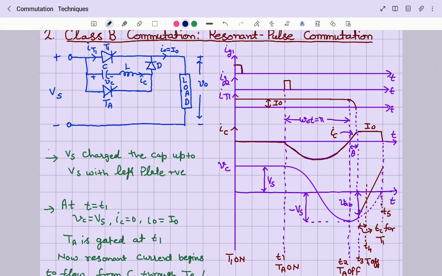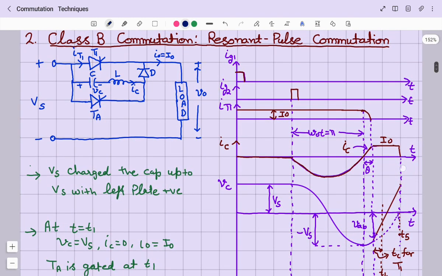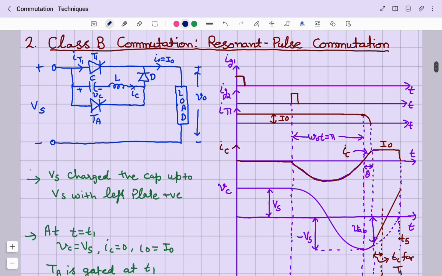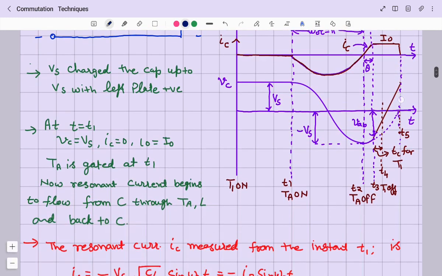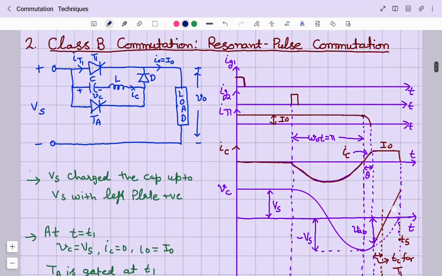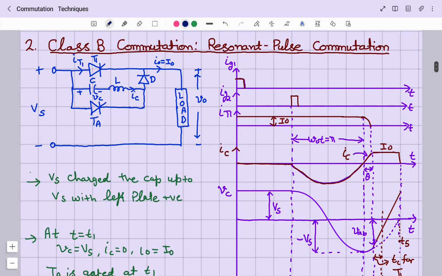The moment we trigger the thyristor T1 at t equal to 0, the load current, which we have assumed constant, I0, starts to flow through thyristor T1.